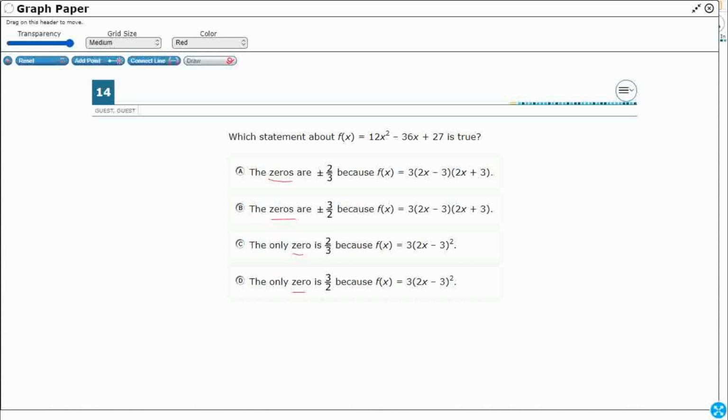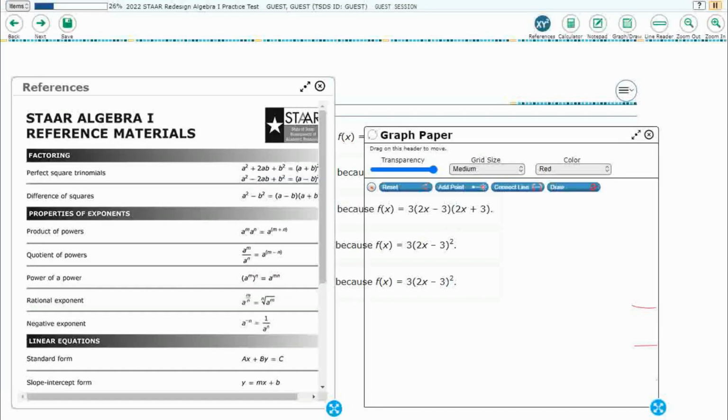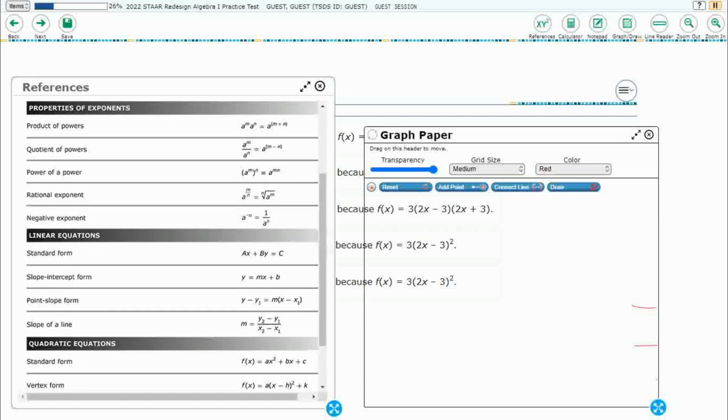Well, what we do is we look for this and we know that it is in the standard form, right? So if we remember, our standard form is ax squared plus bx plus c. And if we need that, we've got our reference material that we can reference there.